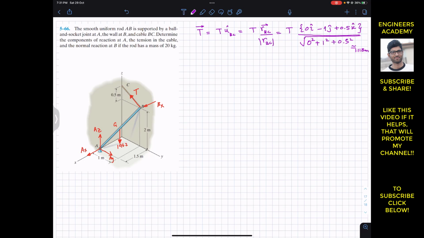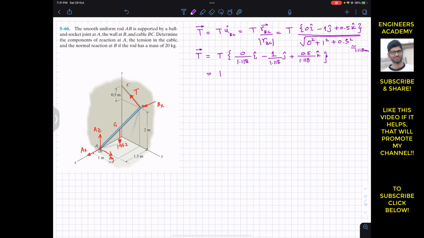Now from this we can say that the T vector is equal to T, and then we divide each component by this magnitude. That will be 0 divided by 1.118 i, minus 1 divided by 1.118 j, plus 0.5 divided by 1.118 k.